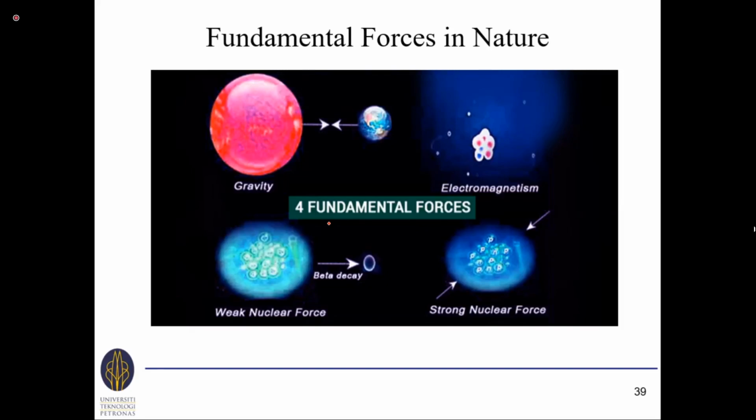Right now we are living on Earth, on the surface of Earth like this. Our gravity is the type of force that pulls us towards the core of the Earth like that.